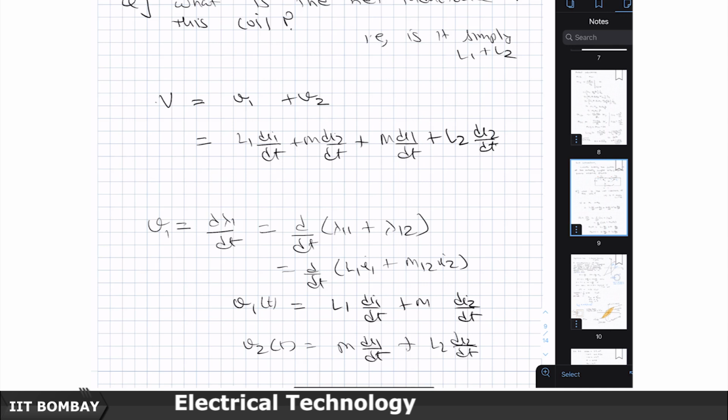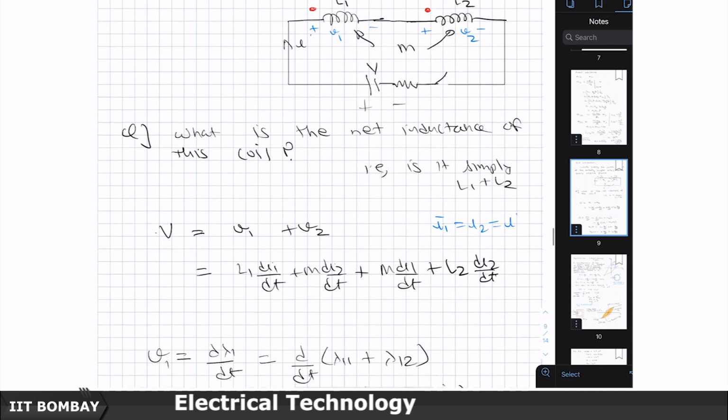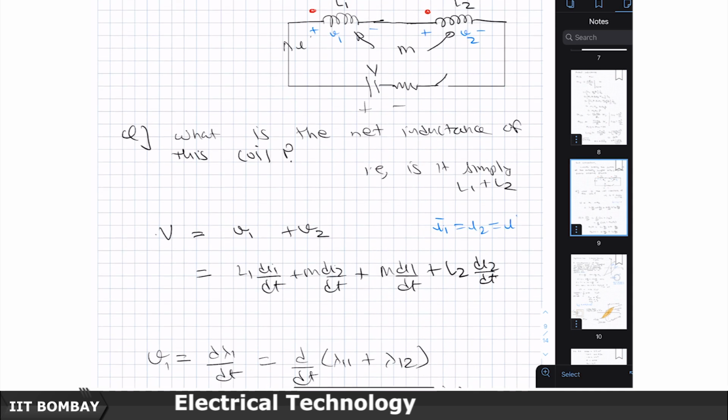But you can also notice one more thing, which is that I1 equals I2 equals I, because the two coils are connected in series. And what role has the dot convention played? Because the fluxes created by them are additive in nature, the induced voltages have also come out additive.